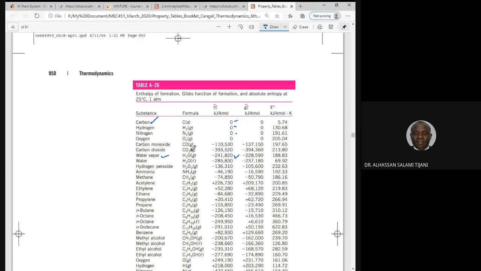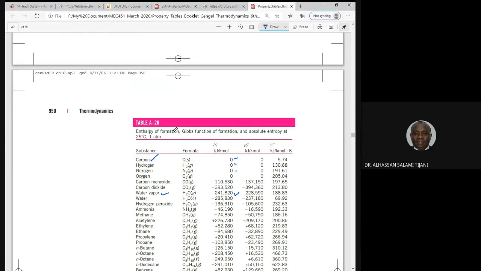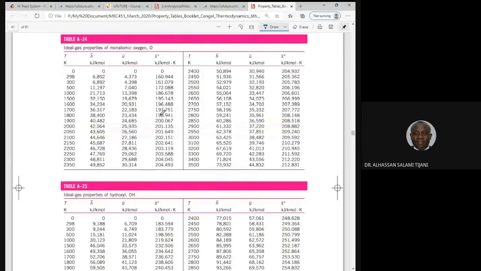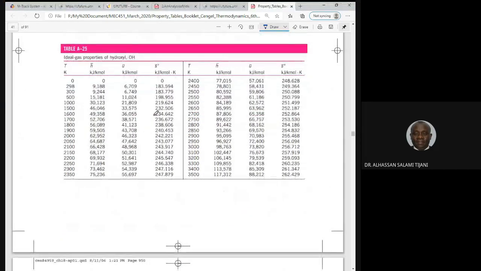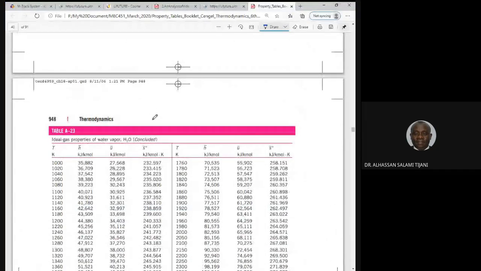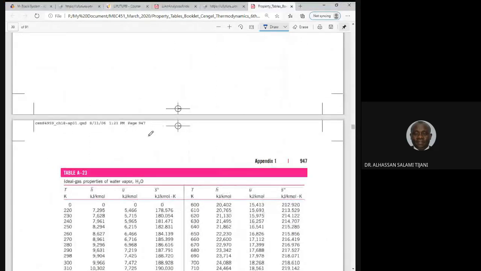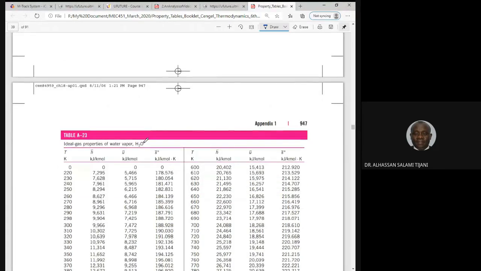Then if you go again to the property table at 25 degrees Celsius, or 298 Kelvin, the enthalpy is given there.